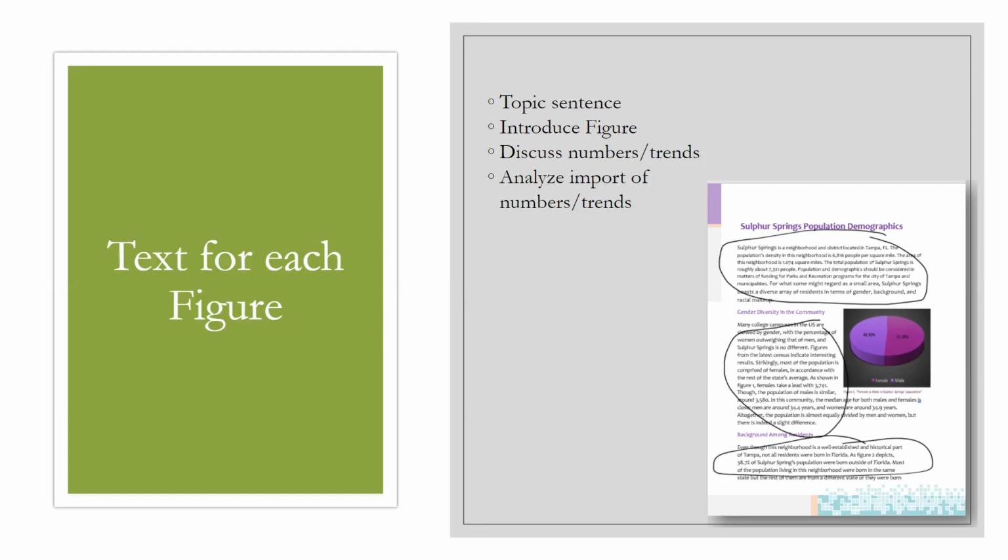Those bullet points are a sort of list to help you construct your paragraphs about each subtopic, because just like you're going to have 3 figures for the report, correspondingly, you should have 3 subsections that are related to the figure, but also serve as a subtopic of the main purpose of your visual report.